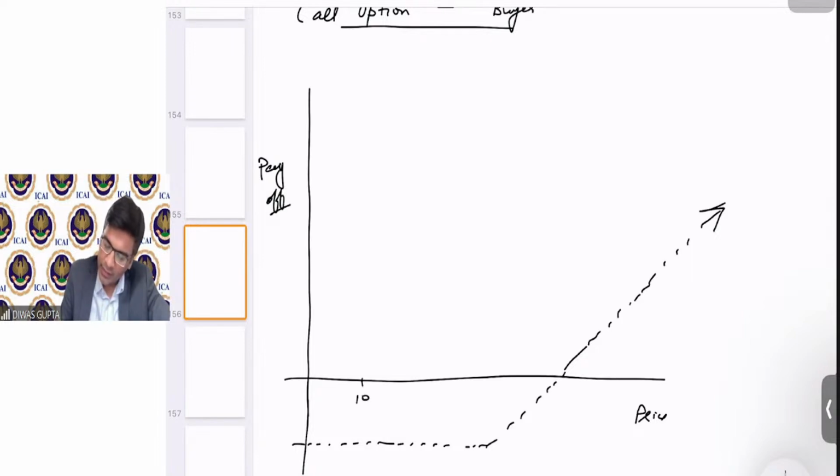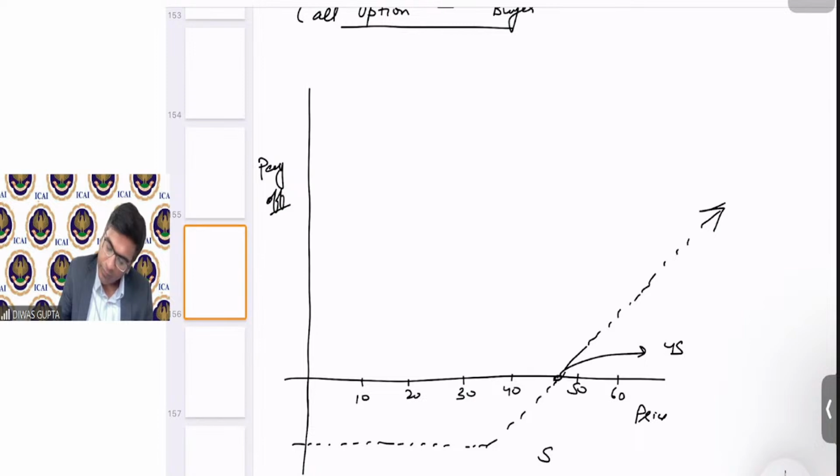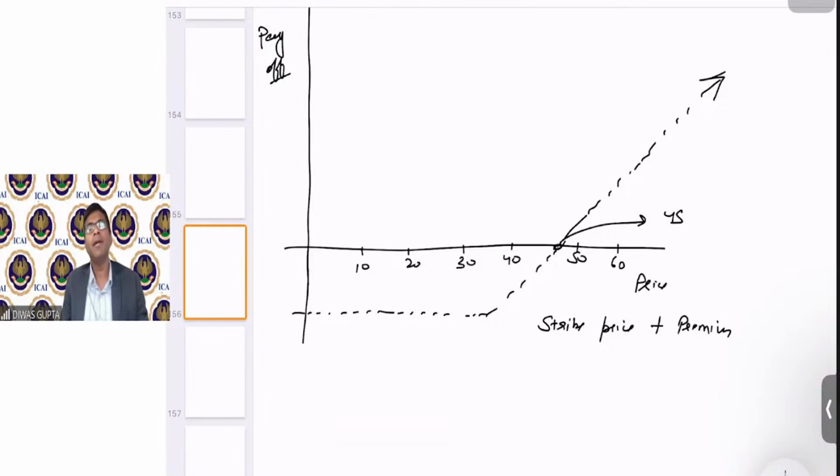Then it was 10, 20, 30, 40, let's say 50, 60. And here we said that it was 45. Why 45? Because of the strike price and premium, right? Strike price was 40. So if the spot price reaches this value, which is strike price plus premium, then it will be zero gain, zero loss, which is given here, right? 40 plus 5, 45.